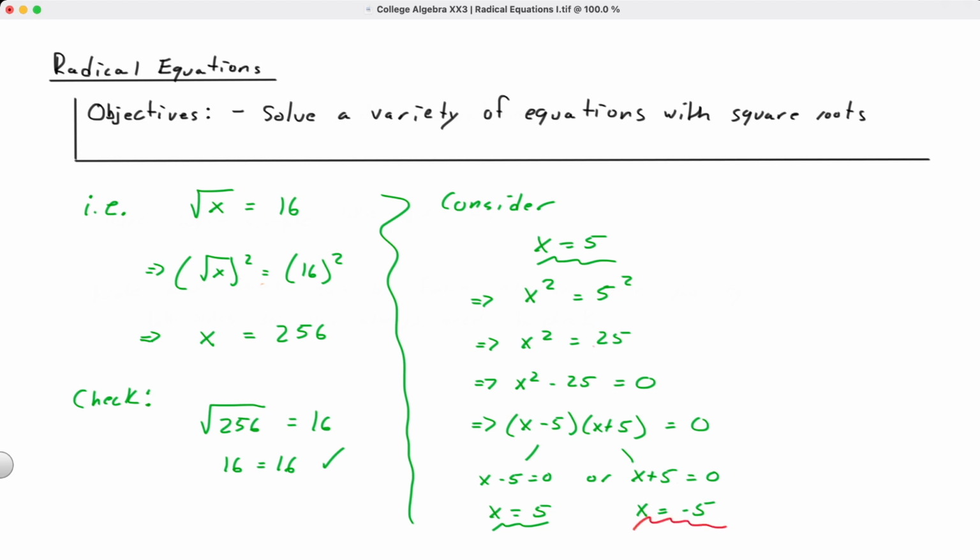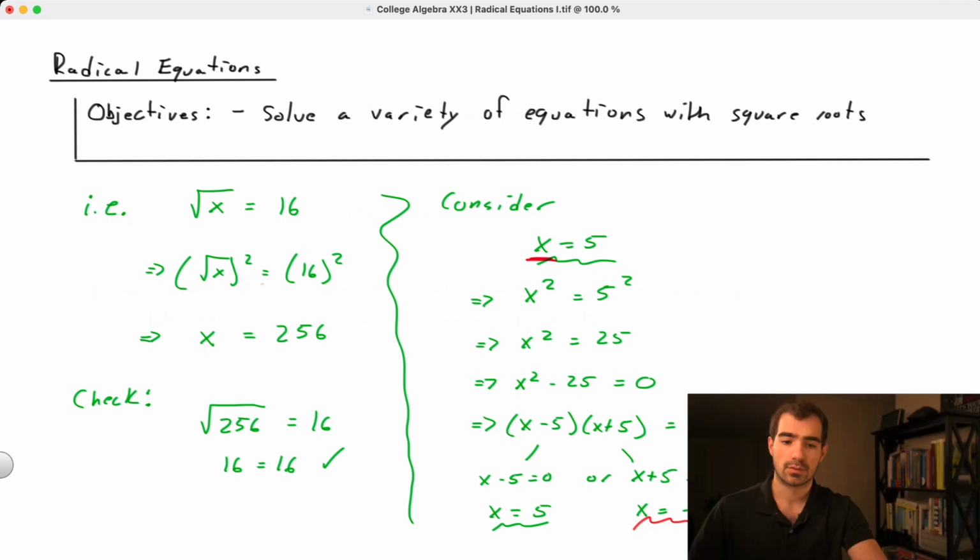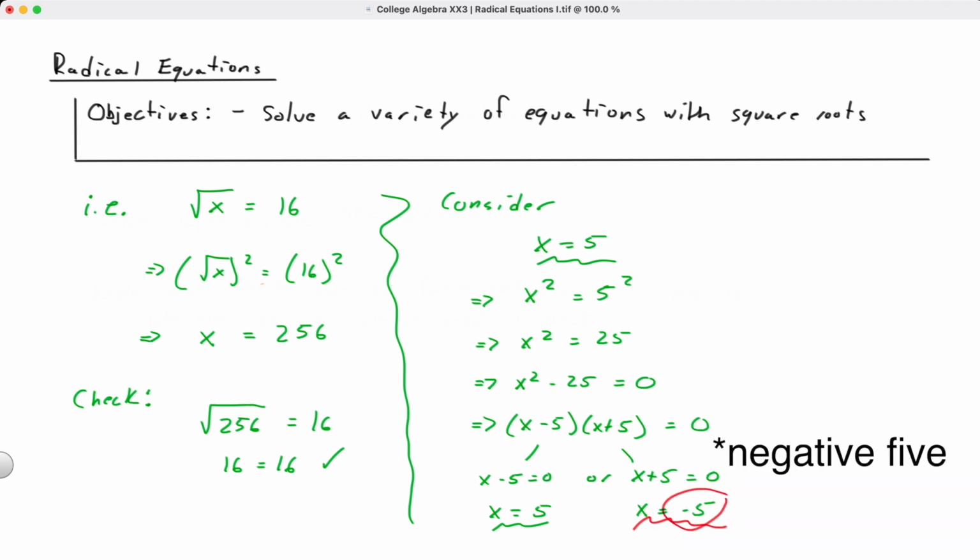What we've done here when we squared both sides of our equation was actually introduce another variable x. We had just one x here. We add in an x times x when we square it, so we're potentially introducing another solution. x equals negative 5 in this case, though it does satisfy this equation, doesn't satisfy our original equation.